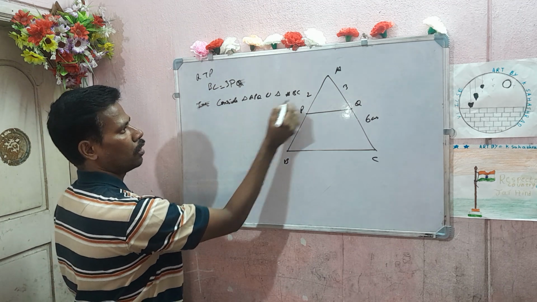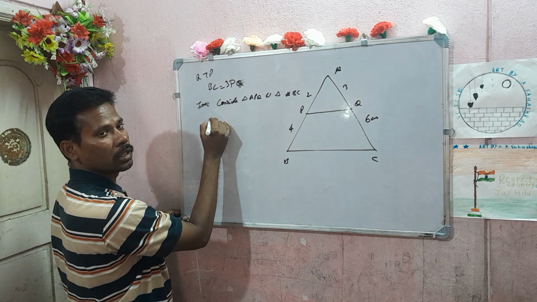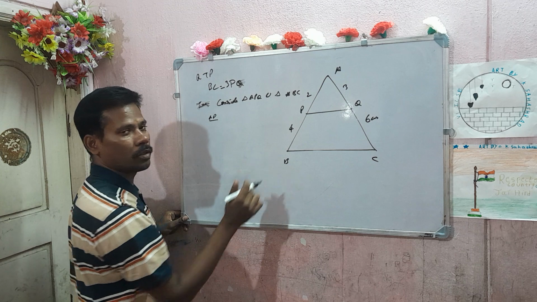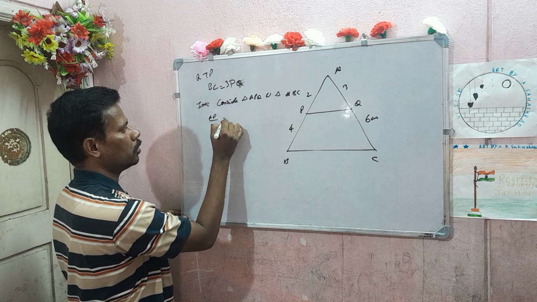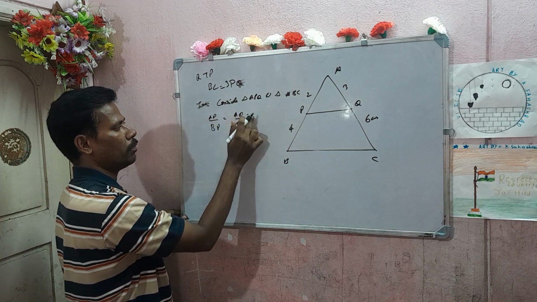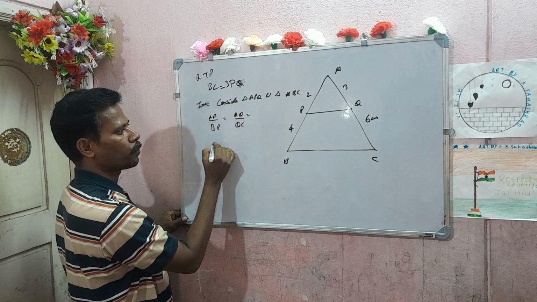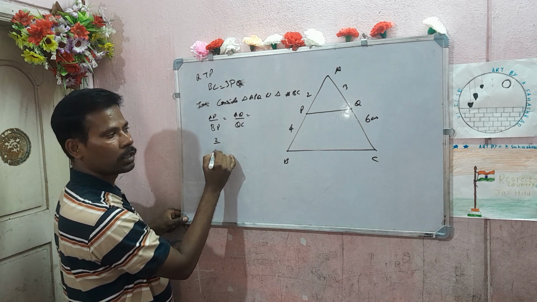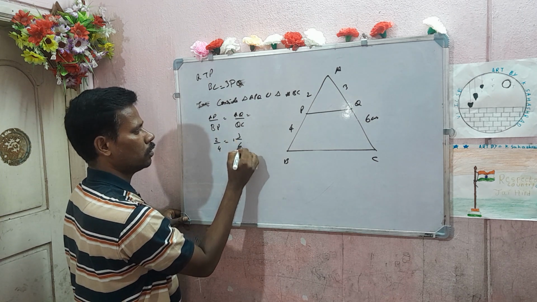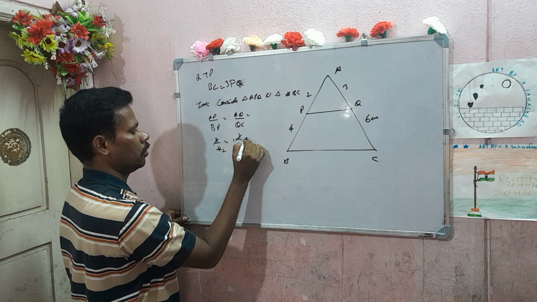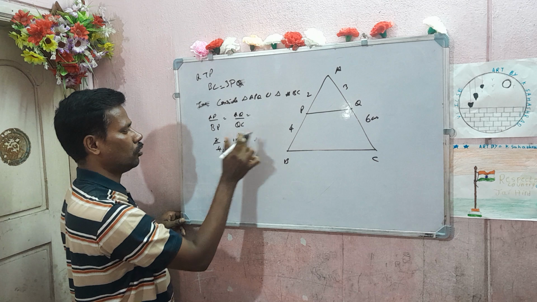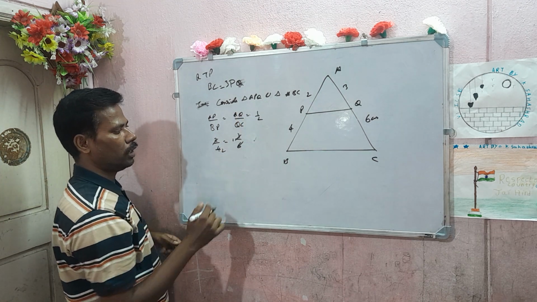So what you do is take AP by PB, which is equal to AQ by QC. What will you get? AP by PB is 2 by 4, equal to AQ by QC, and AQ by QC is 3 by 6, which is 1 by 2. So AP by PB is equal to AQ by QC. We are getting both equal to 1 by 2.